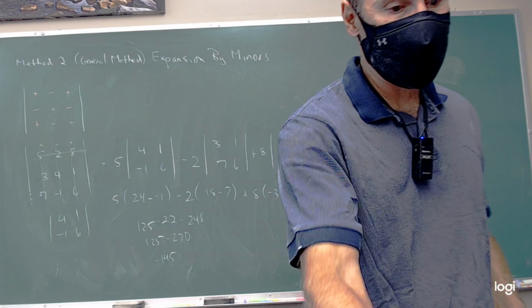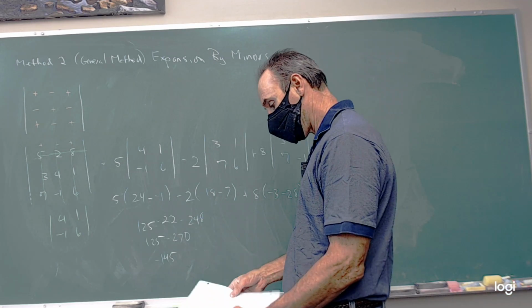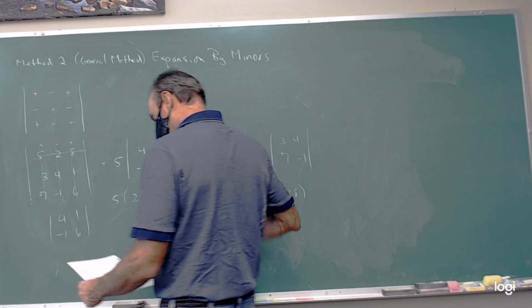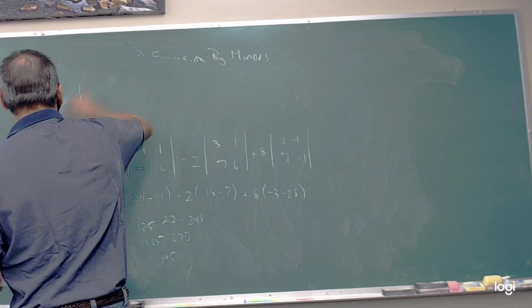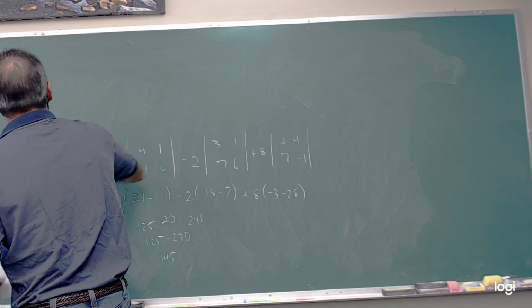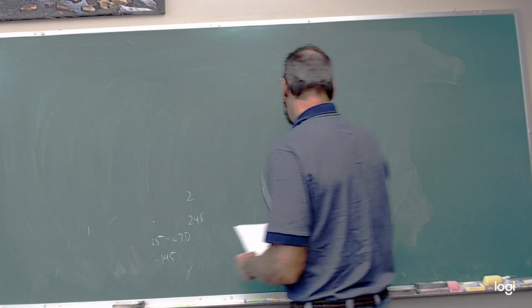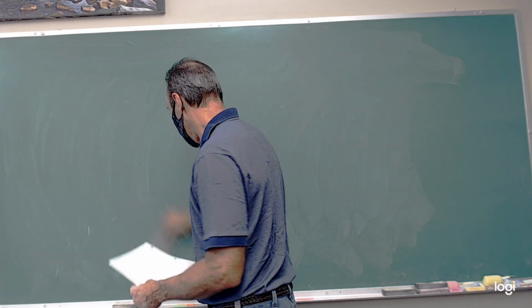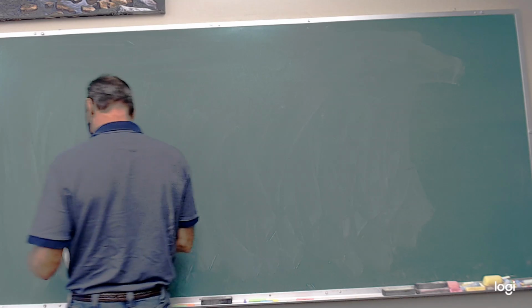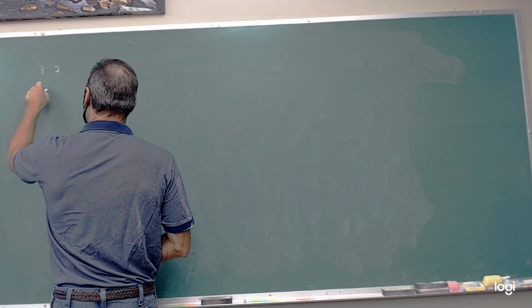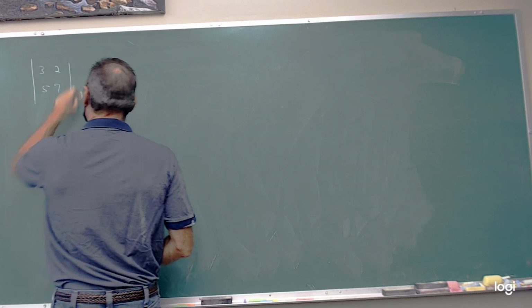Okay, so let's talk about what happens when we switch rows and columns. Suppose we take a 3, 2, 5, 7, 2 by 2. And let's evaluate that.